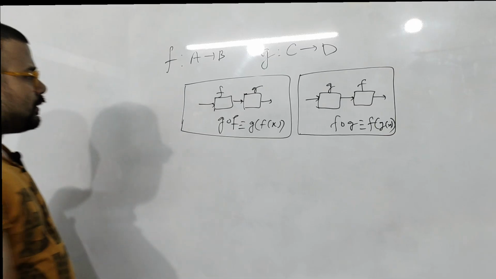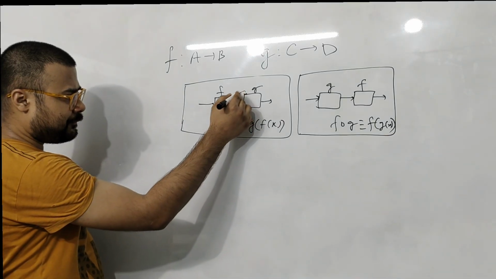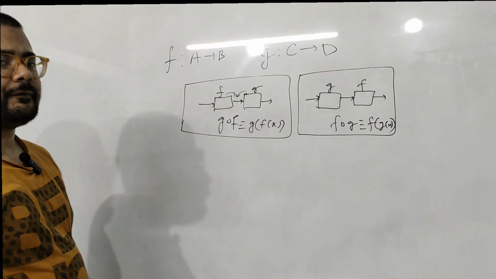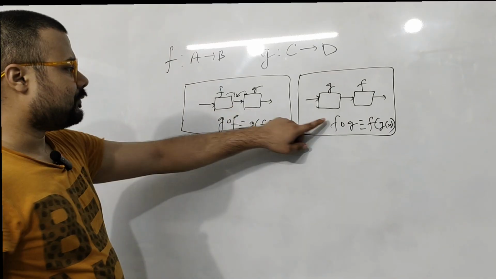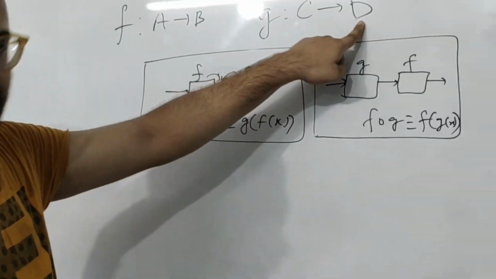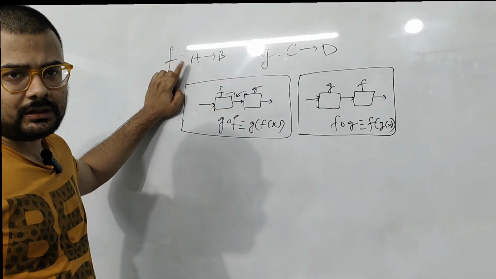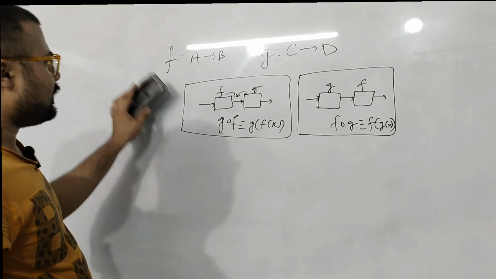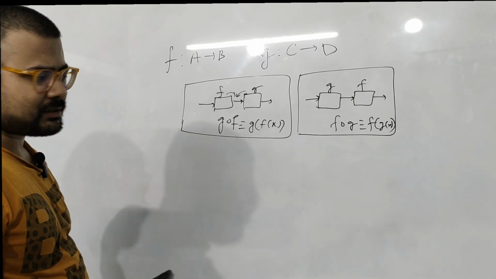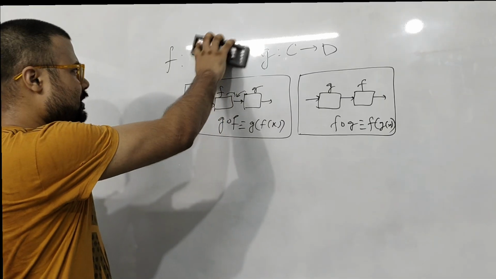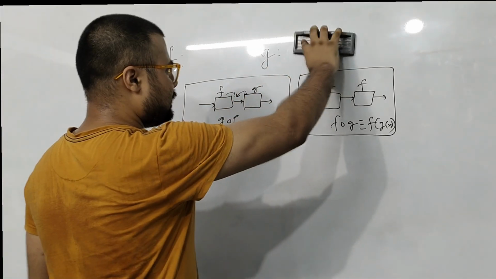For gof to hold, the range of f should be a subset of the domain of g. Similarly, for fog to hold, the range of g, that is D, should be a subset of A. So let's suppose both fog and gof exist.